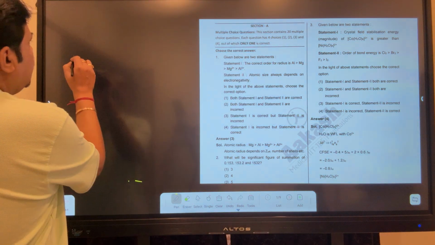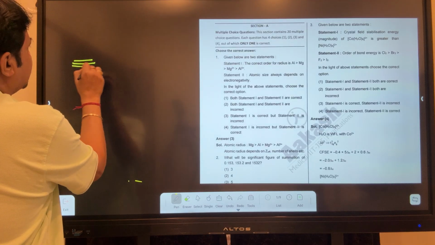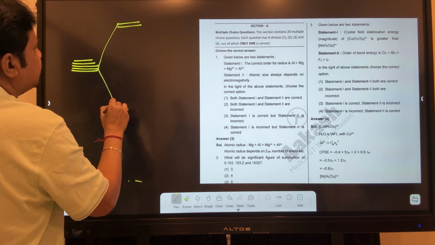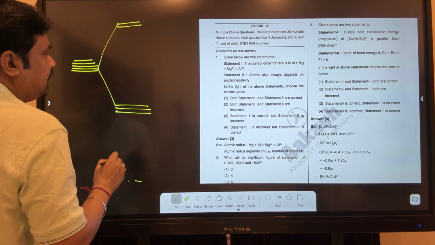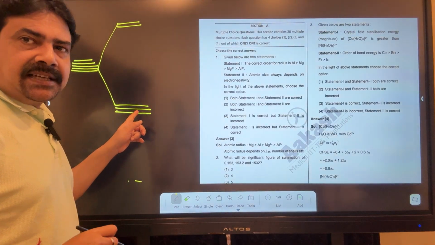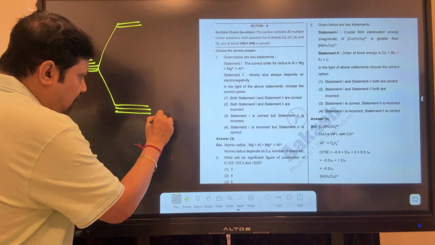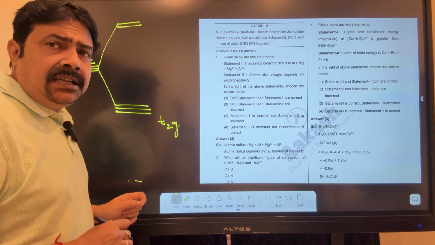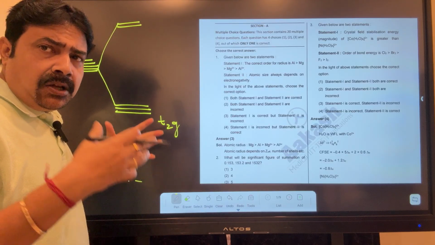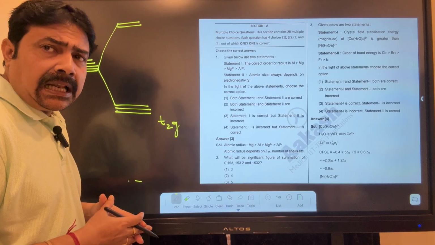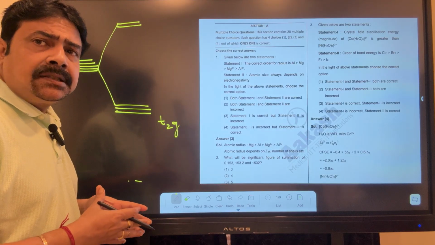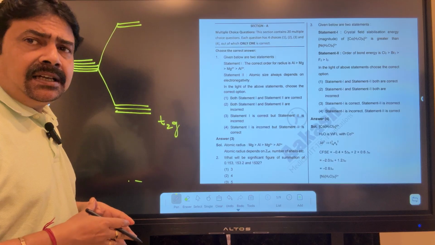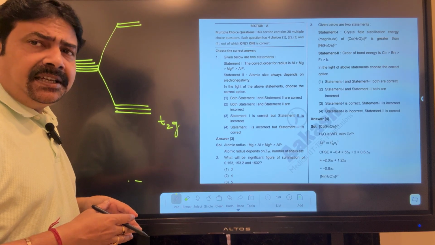Now if you look at the five d orbitals in an octahedral complex, they split into these levels. You know very well, the dxy, dxz, dyz together we call the T2g, and this is your dx2-y2 and dz2. Because in the octahedral field the ligand is approaching along the axis, the orbitals along the axis suffer more interaction with the ligand, so their energy increases.